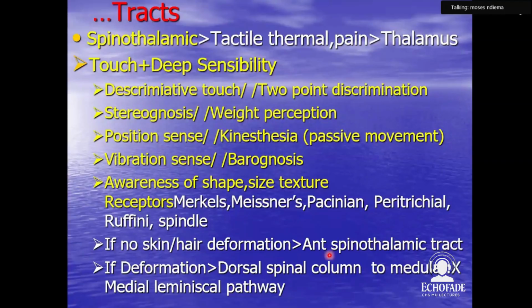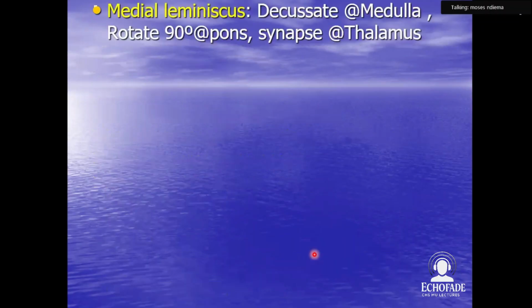It enters the spinal cord at the dorsal column. And then from that, we have the descending fibers. I've talked about the dorsal column. And the dorsal column is very important in discriminative touch, pressure, vibrations, and so on.